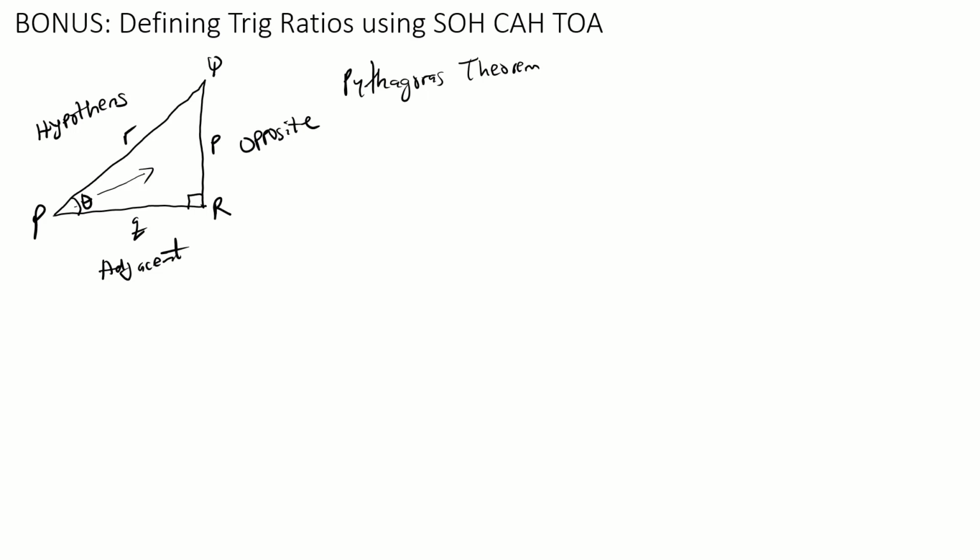Now, what we are looking at today is SOHCAHTOA. The SOHCAHTOA method is gotten from the Pythagoras theorem, the Pythagoras way of naming sides. If you want to define the sine of an angle, this is going to be equal to the opposite over hypotenuse.